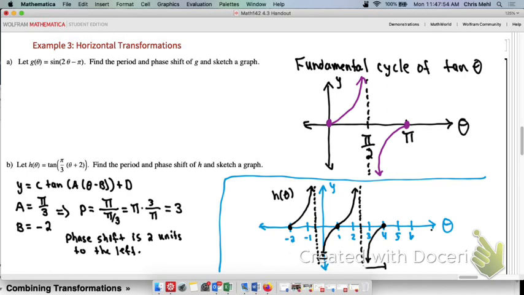So there's another cycle. And if I just add one more tick mark, I can draw one more cycle for everybody. So let's go from 4 to 7. That's an interval of length 3. 5.5 is where the vertical asymptote should be. That's halfway through a cycle.